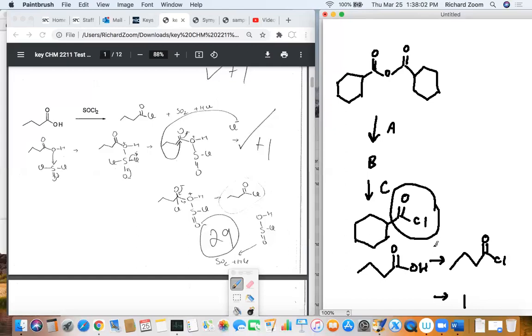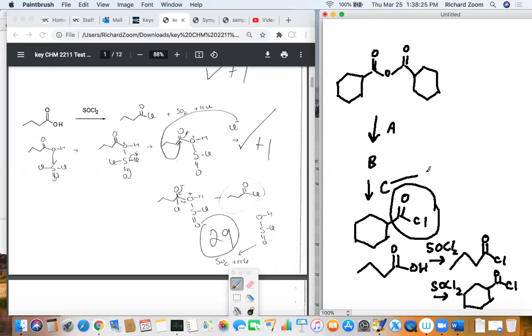So this is the thing. If I know that this plus SOCl2 gives this Cl compound, what I'm trying to figure out is what compound would have produced this acid chloride. Now it's still going to be SOCl2 that does the same thing.